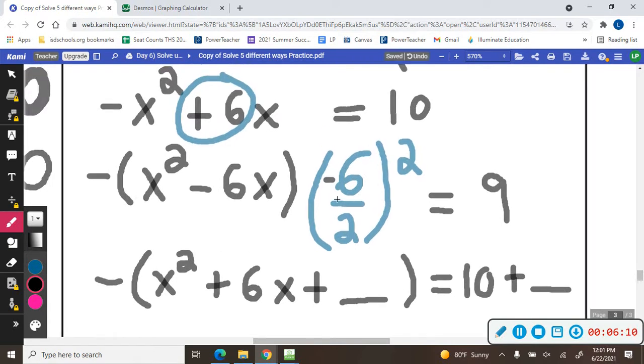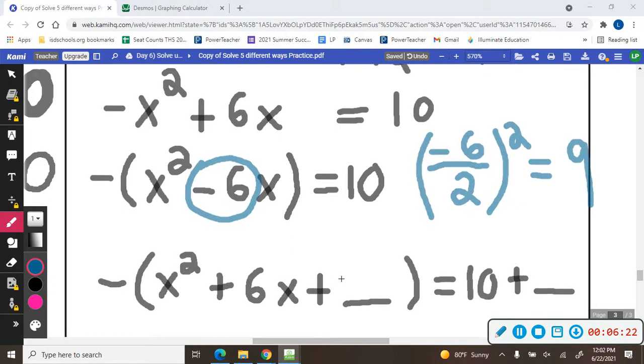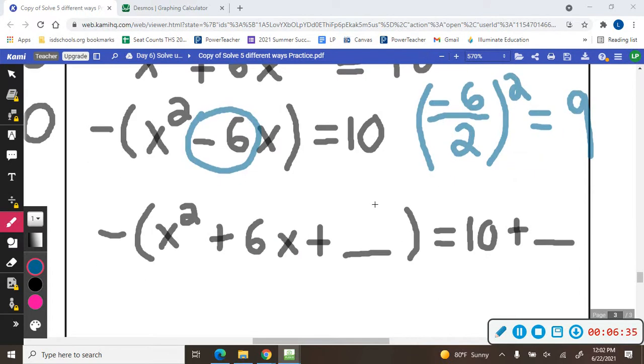So hopefully this part isn't confusing you. I had negative x squared plus 6x equals 10. I factored out the negative, got x squared minus 6x equals 10. And then I'm going to add a number to both sides. What number do I add to both sides to complete the square? You take this number, divide by 2, and you square it, so I get 9. So 9 is the number I'm going to add to both sides.